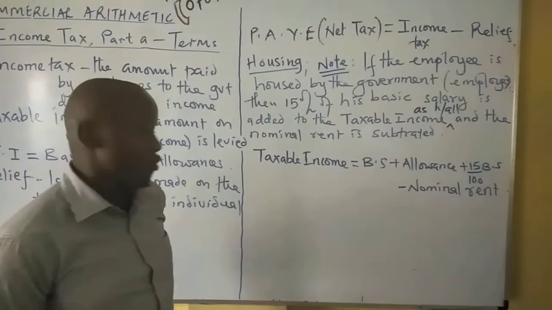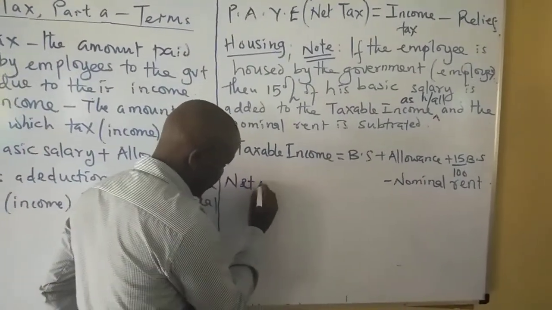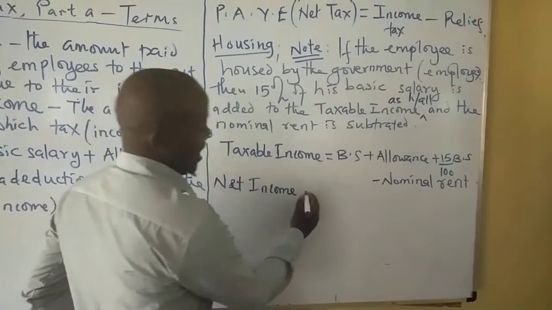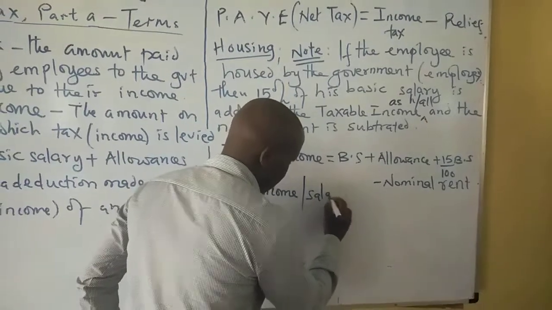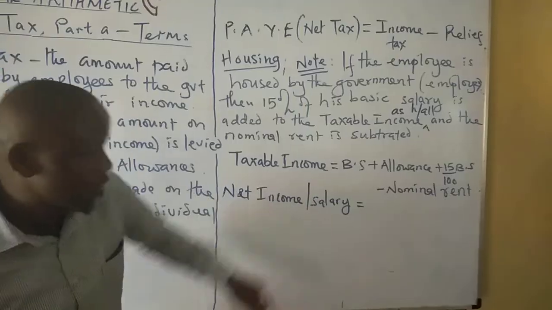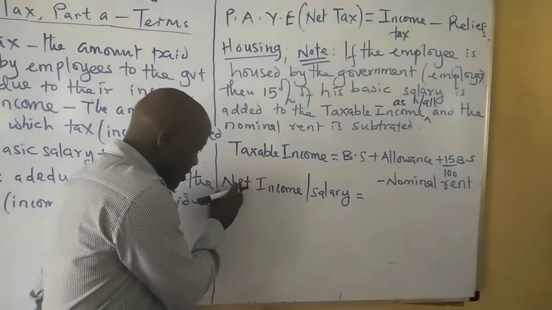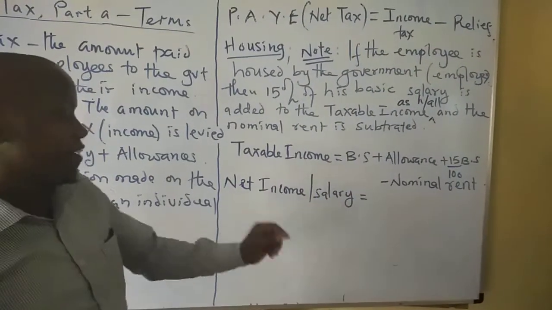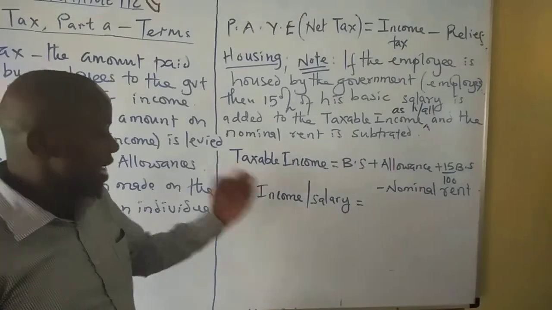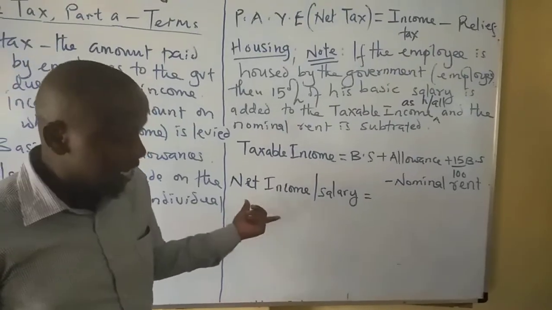The last term I'll deal with is net income, or the net salary of a certain employee. If an employee is paying some things after the end of a given month, there is that net salary or net income which at the end of the day will remain in his pocket.